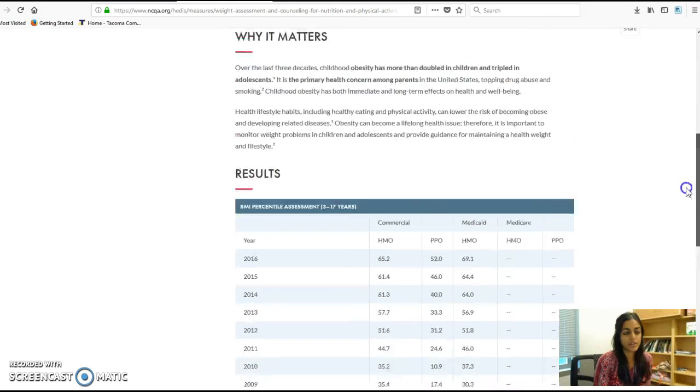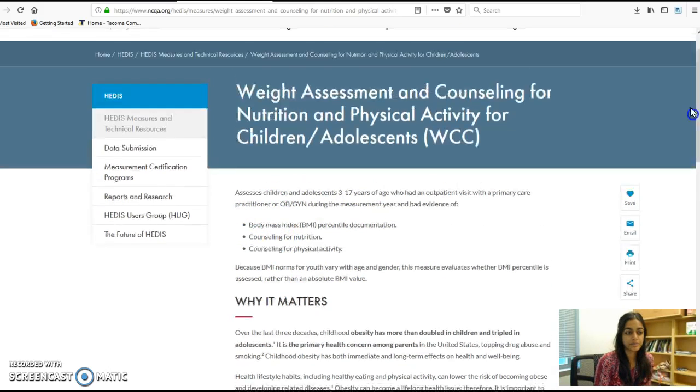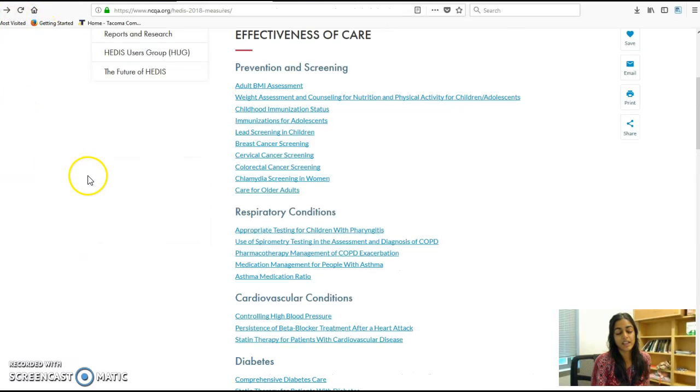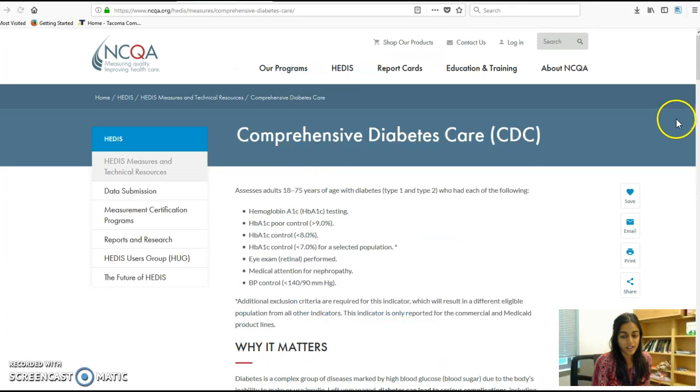So you have these HEDIS measures, why it matters, the results, and a general overview here. You have their data submission, if you want to know where the data comes from, and measurement certification programs. These are interesting, and I've been to a clinic that actually uses HEDIS measures in the clinic itself for diabetes care, and these are up on the wall.